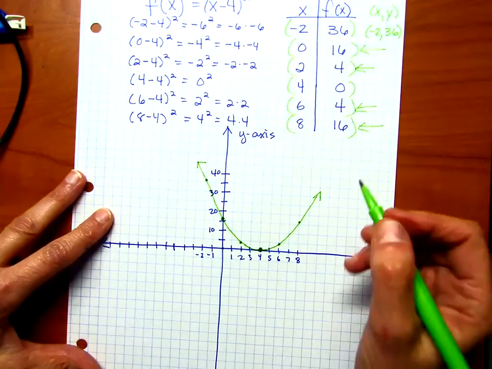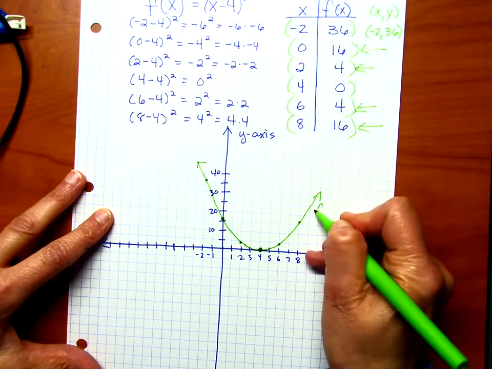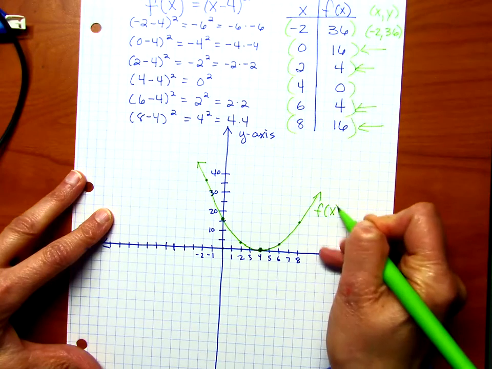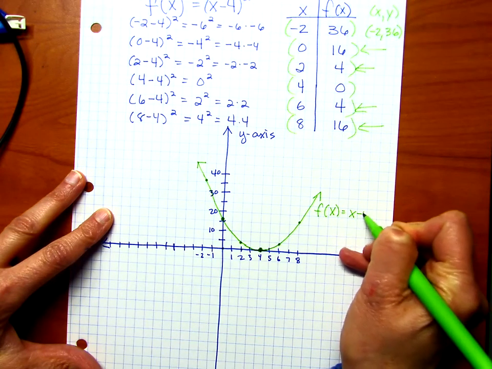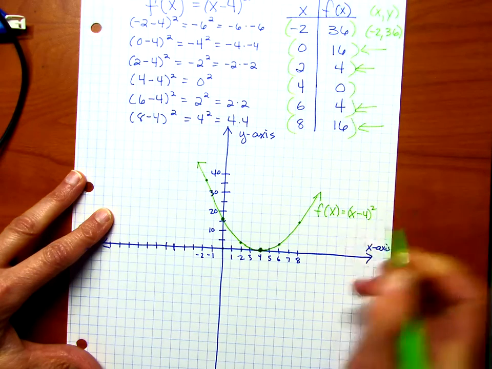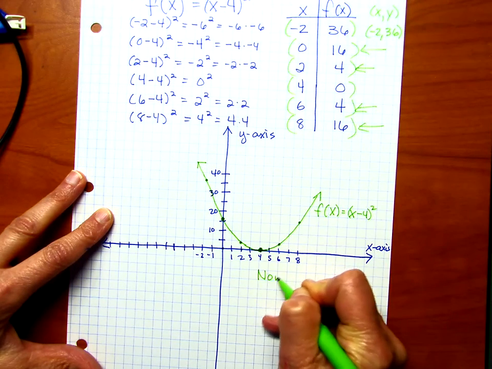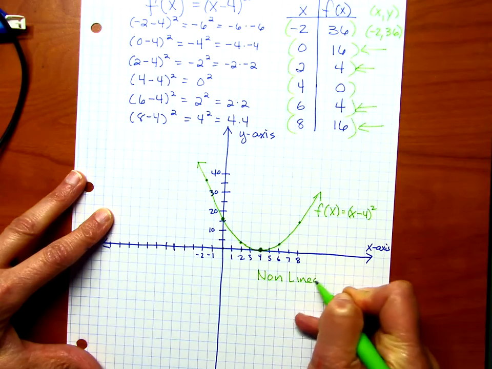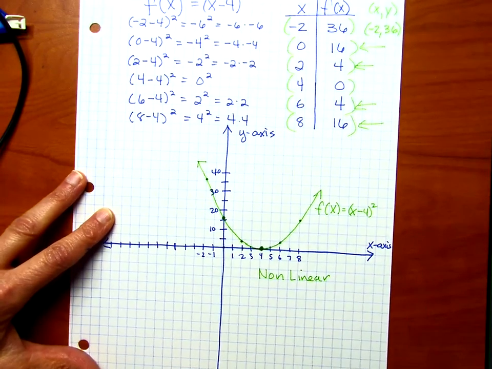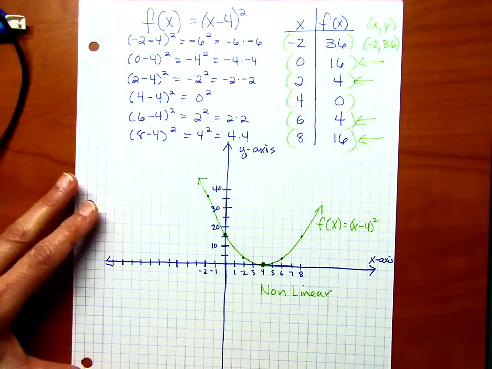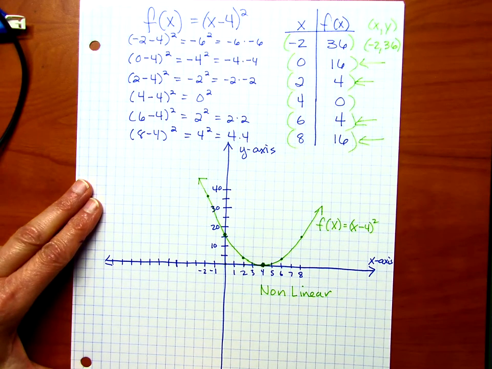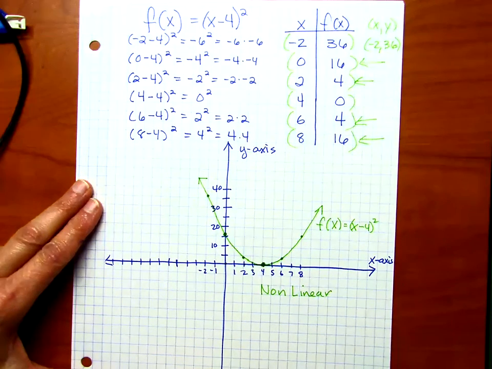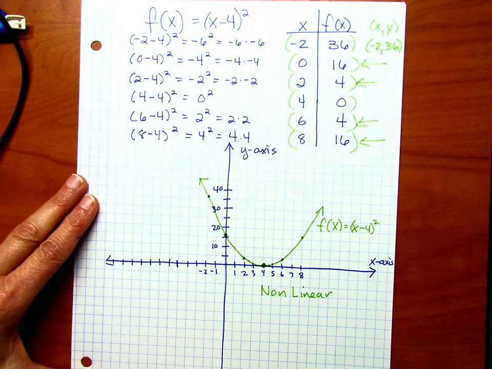But this is non-linear, and so we're going to go ahead and just write the function next to the graph. Okay, and actually this is an example of a quadratic function, but all you need to know for now is that it's non-linear.